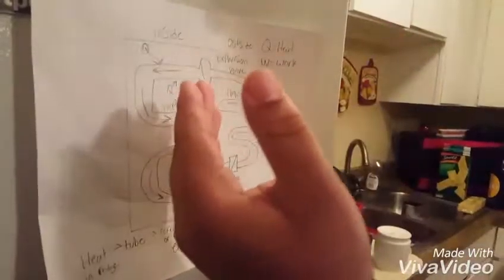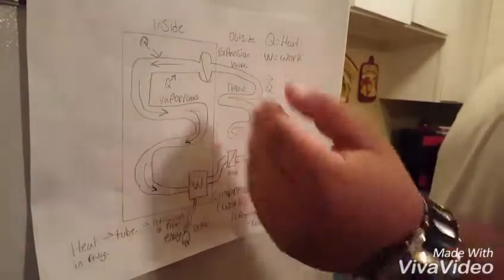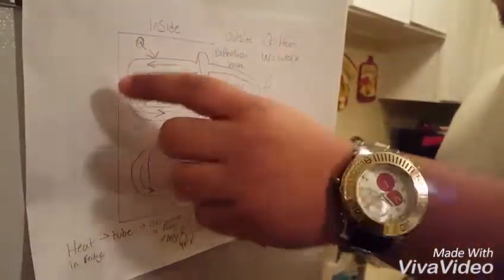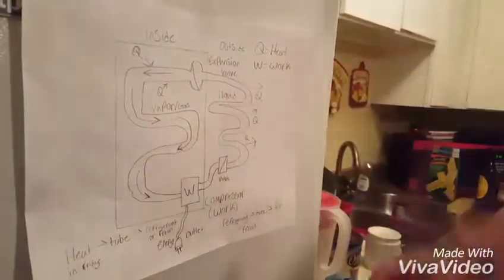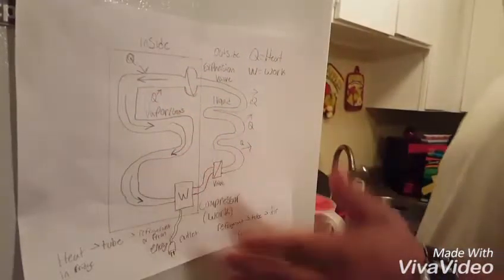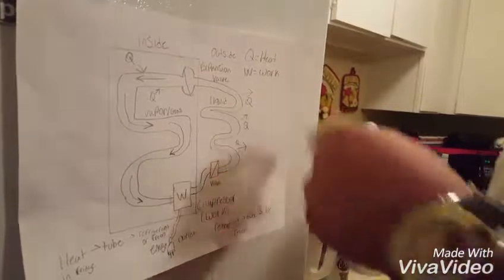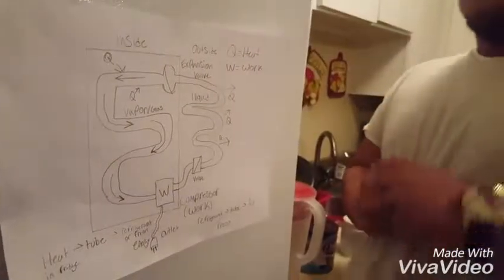Since this is cool air, it sucks in the energy, which is the heat from the refrigerator, Q, into the piping, and that heat gets to the refrigerant. The refrigerant works its way back down to the compressor, and the whole cycle starts again. And it just keeps going.